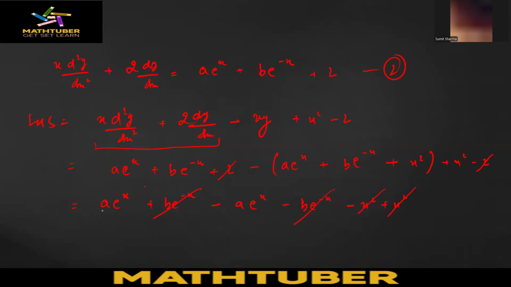The x square terms get cancelled and all the other terms are also getting cancelled, and the answer is 0, which is equal to the RHS. So this is how we have verified that the given function is the solution of the corresponding differential equation, right? This is how we have to do it.